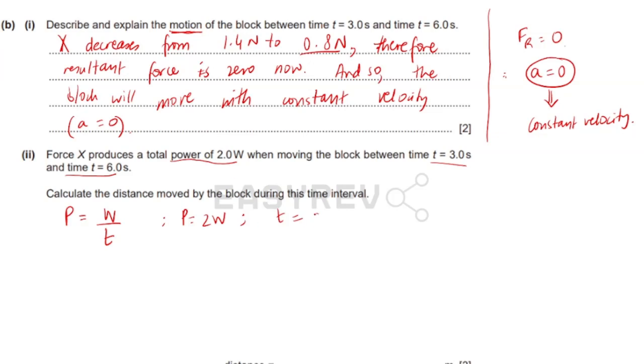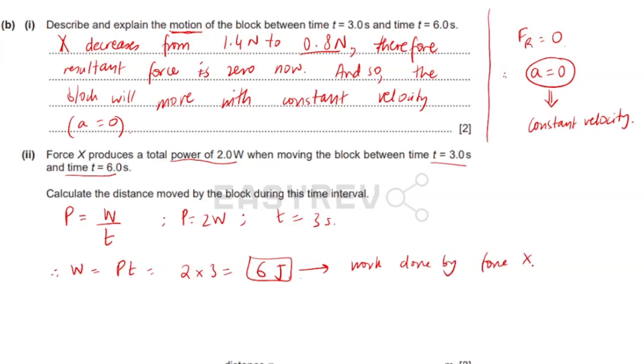So that's basically a total duration of just an additional 3 seconds, right? So we can easily calculate the work done during this exertion of power between time t equals to 3 seconds to 6 seconds. We get power multiplied by time, 2 times 3, 6 joules. Now this is just the energy that's exerted. More precisely, it's the work done by the force X, right?